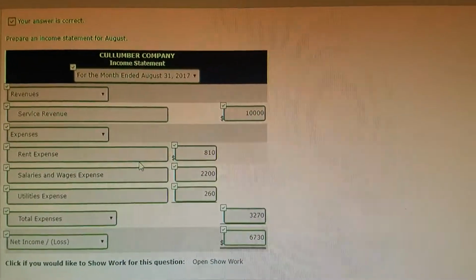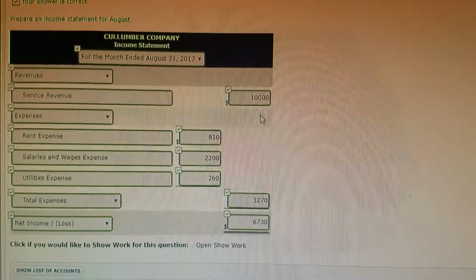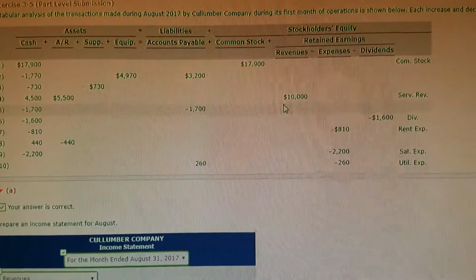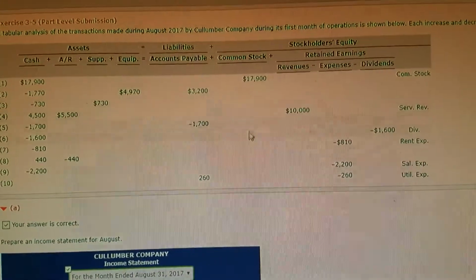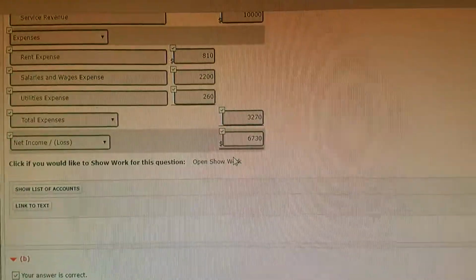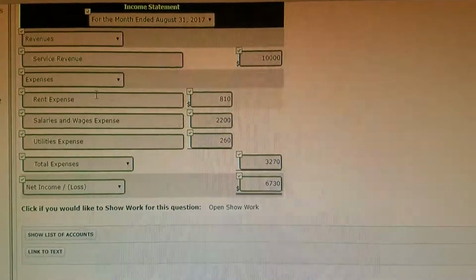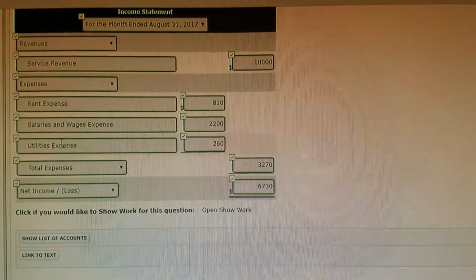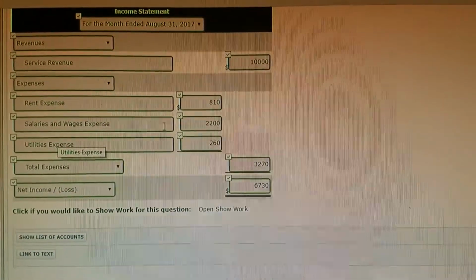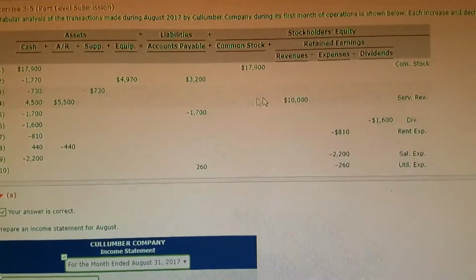So explaining the income statement, we have service revenue of $10,000, which is given in the stockholders' equity. We have $10,000 revenue, and our expenses are rent, salaries and wages, and utilities, with the amounts also given in the stockholders' equity.